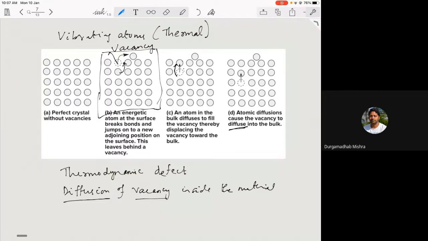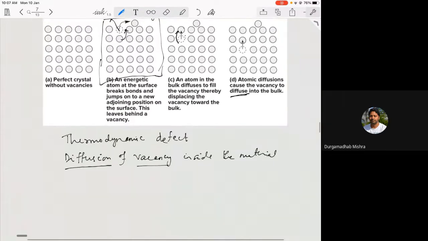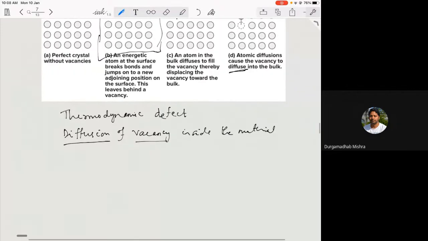So this is, but again, a qualitative way of looking at the creation of vacancies or defects. But this thermodynamic effect can be described by an equation where we can say how many vacancies are created at a particular temperature.